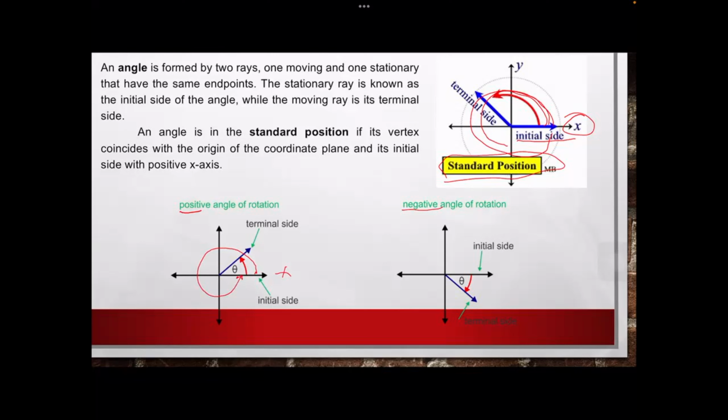While yung negative angle, nagsisimula siya sa positive x-axis pero pababa siya, pabaliktad, ang ikot nito ay clockwise. Yan yung pagkakaiba ng dalawa: yung positive is counterclockwise, tapos yung negative is clockwise. Tandaan natin ito para sa next module.